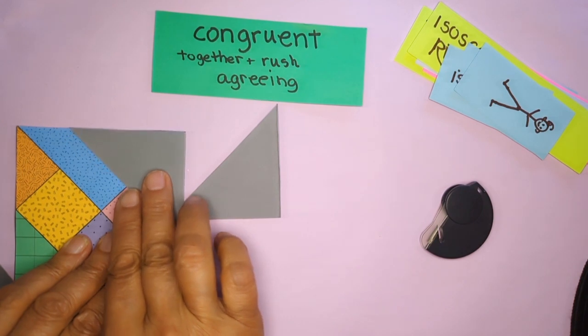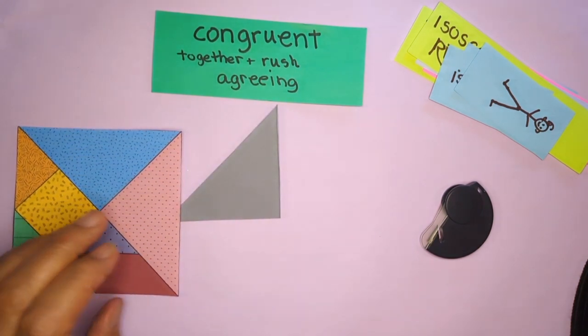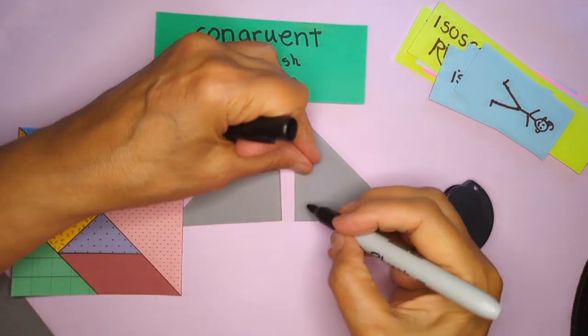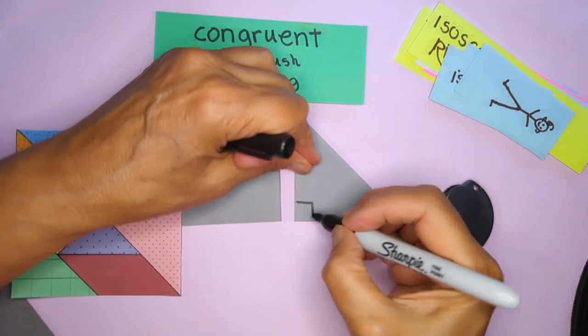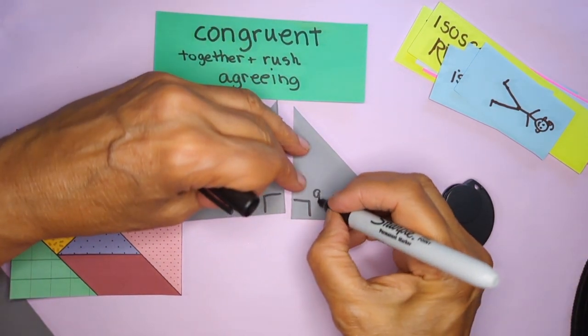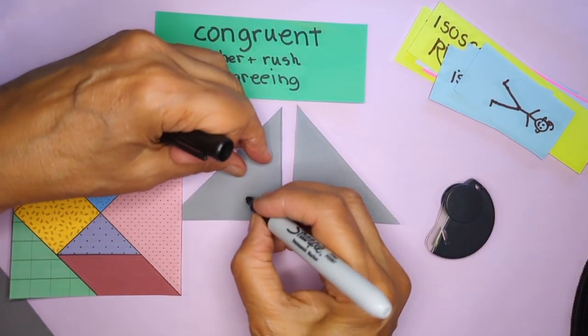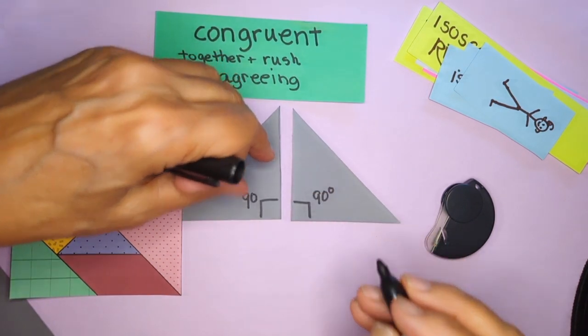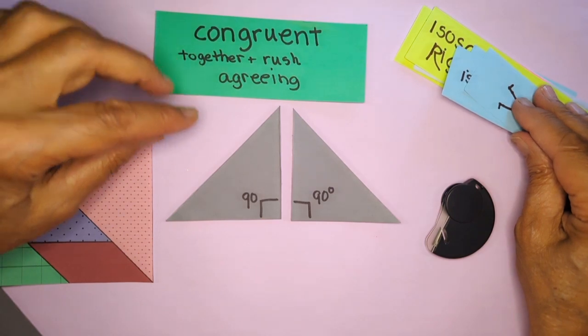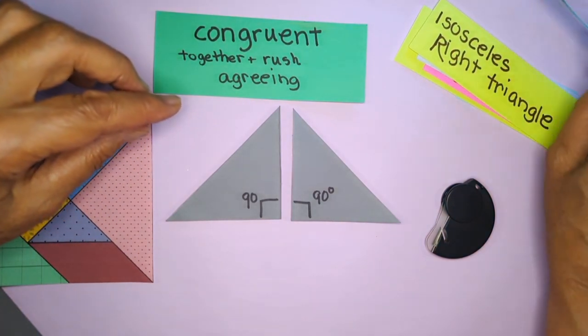Look. They fit exactly the corner of a square. And so that's a 90-degree angle. It's the corner of a square. We call it a right angle, and because this triangle has a right angle in it, we call it a right triangle.